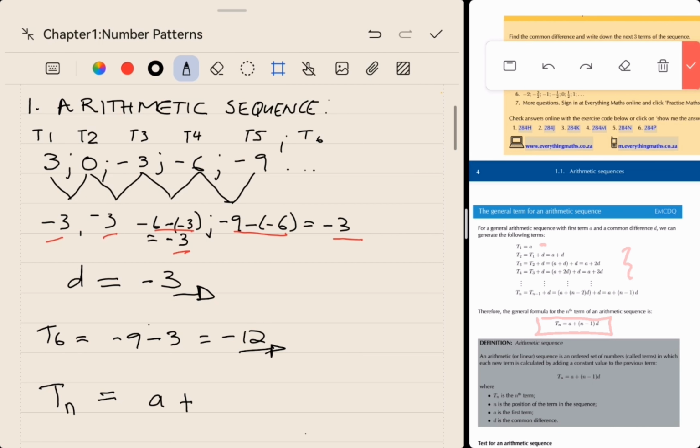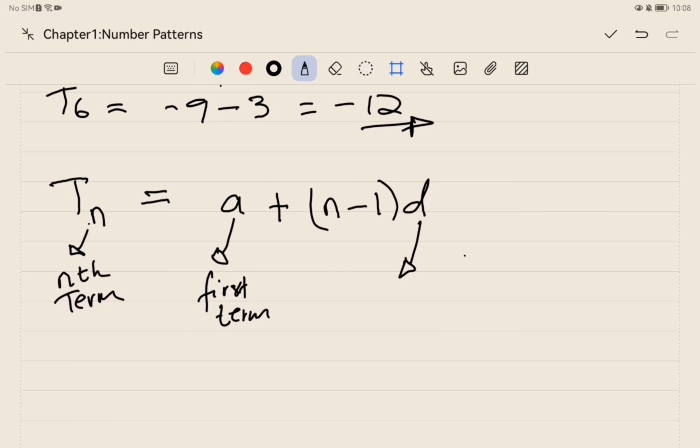So Tn is your nth term, A is your first term of the sequence, and then whatever term minus 1 times the difference. So in this case, our first term was 3 and our difference was minus 3.